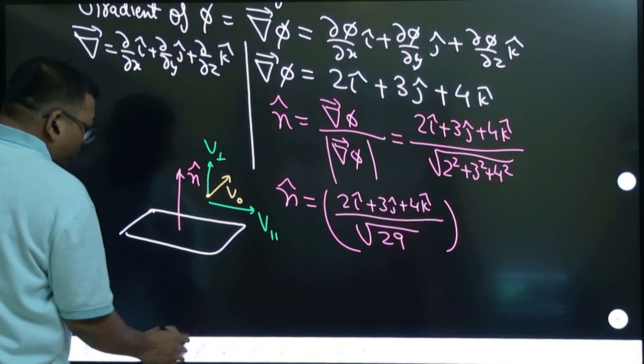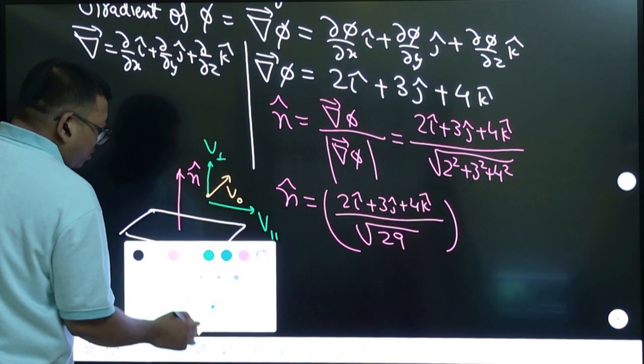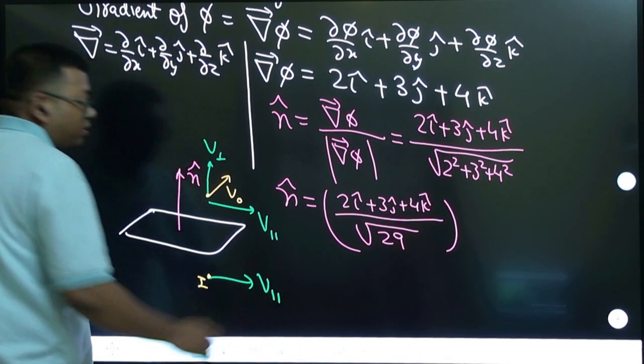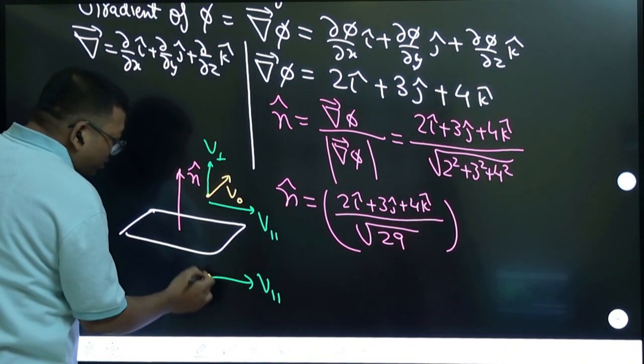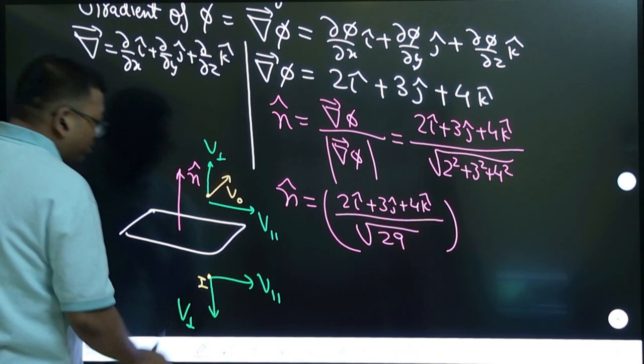So if you are calculating the image velocity, the image velocity in the parallel direction will not change, but in the perpendicular direction only it will change. That means this will be the image velocity in the perpendicular direction.